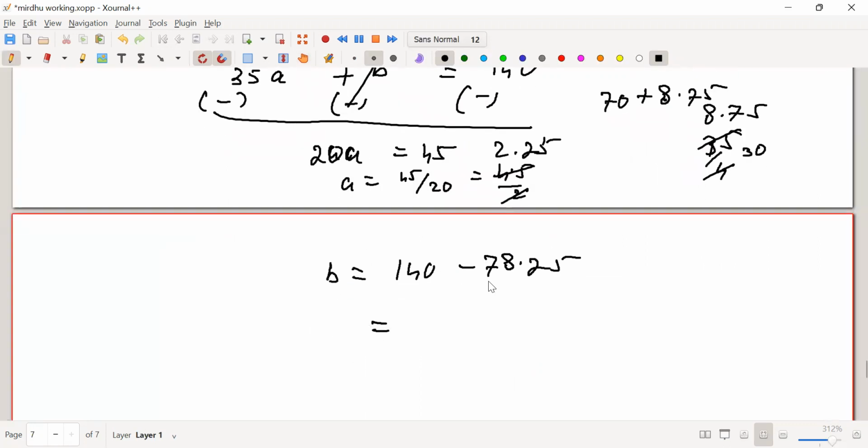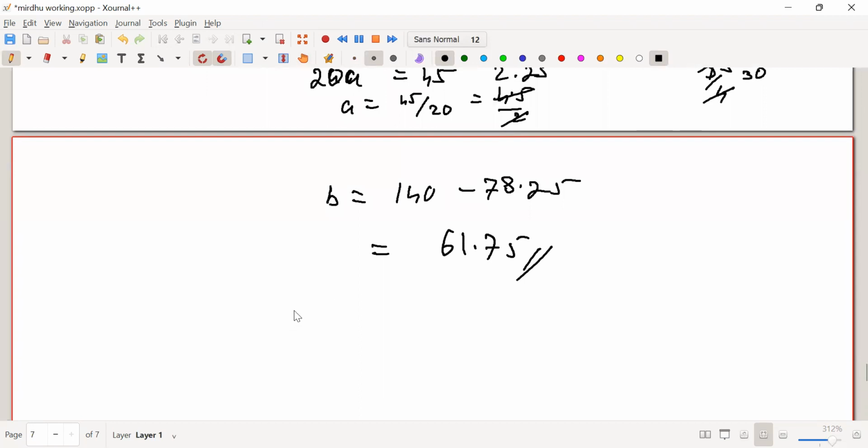So 140 minus 70 is 70. 70 minus 8 is 62. 62 minus 0.75 is 61.25. So the desired equation is y equals 2.25x plus b, with b as 61.75. This is the desired equation.